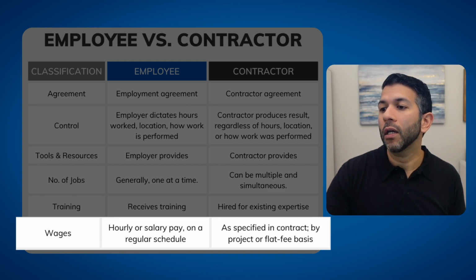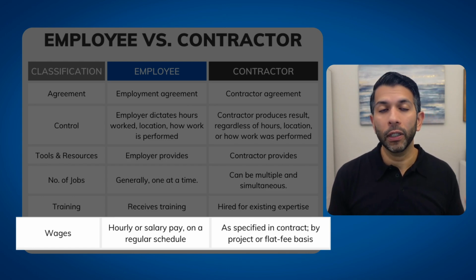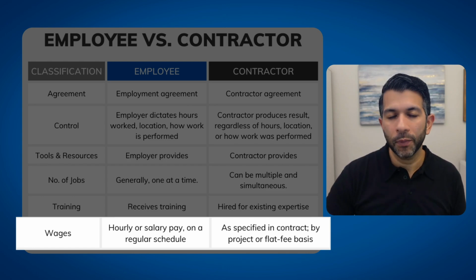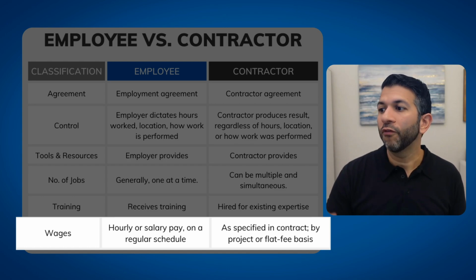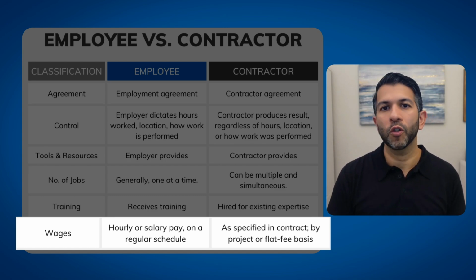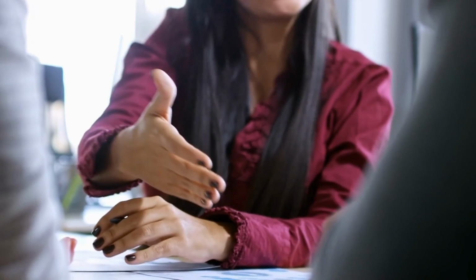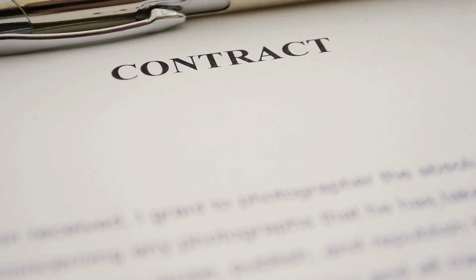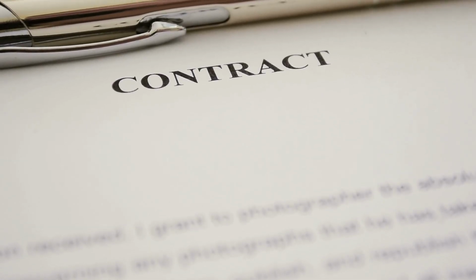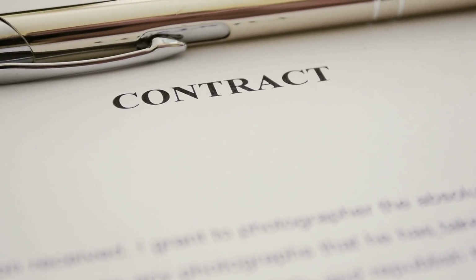If you're an employee, you're going to get an hourly wage or a salary, and it's typically going to be on a regular schedule. For the contractor, though, those terms are specified in the contract. It could be on a project basis or a flat fee basis. It could be hourly as well, but it's typically going to be specified in your contract. It's not as regular as you would expect with a regular employee, if you will.